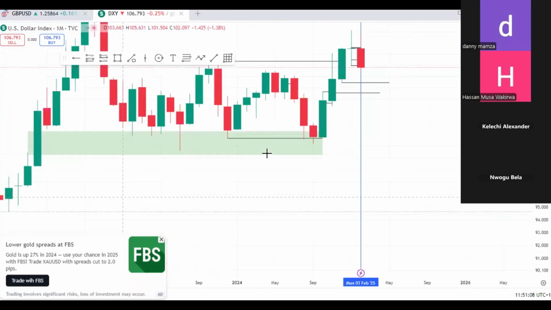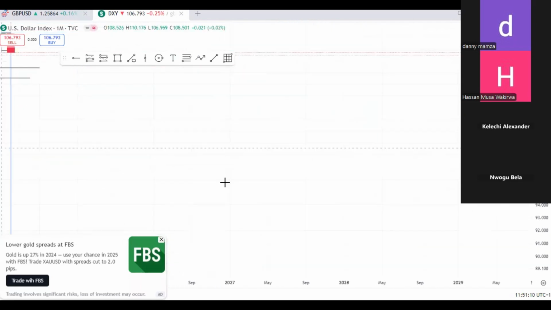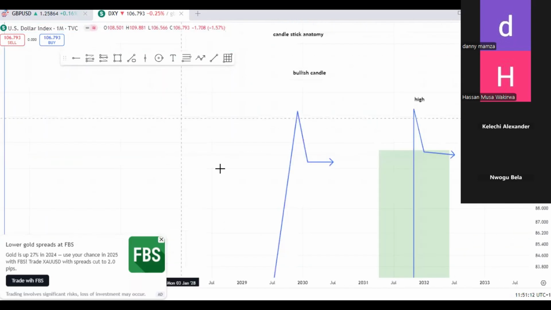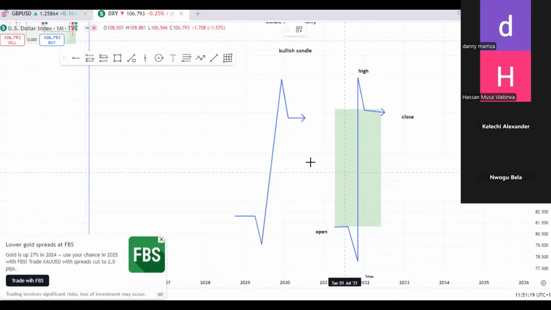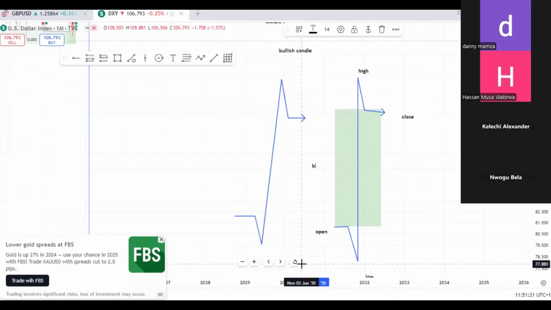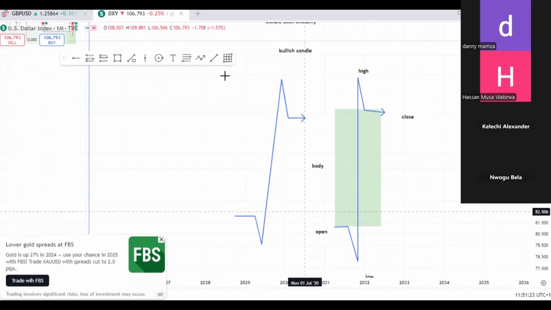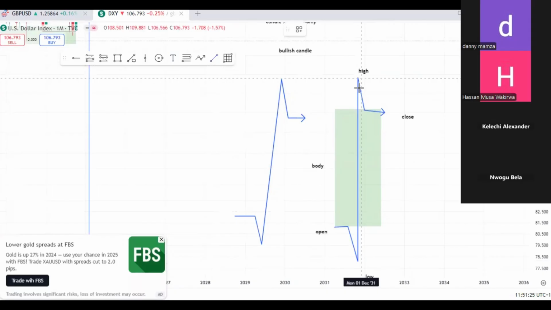So let me label it here for you to be able to understand it. This is the body of the candle. Body. This here is the wick.